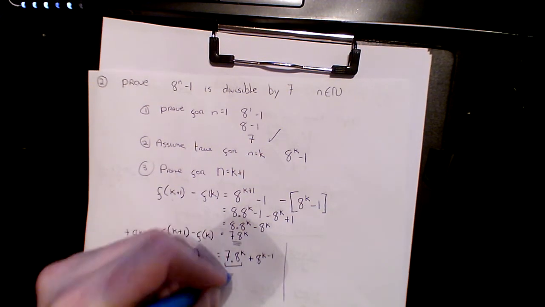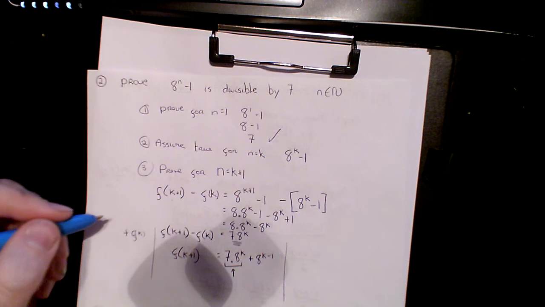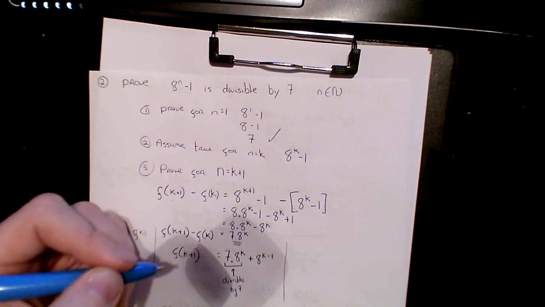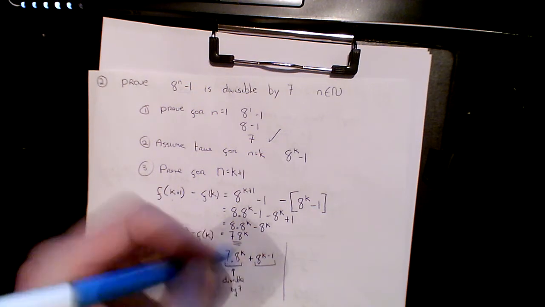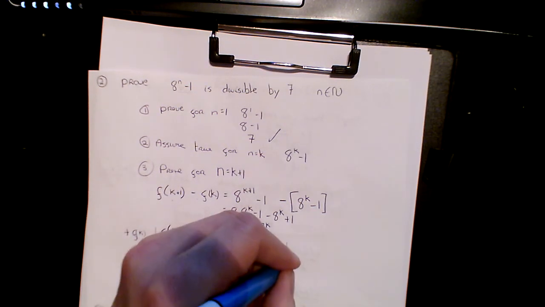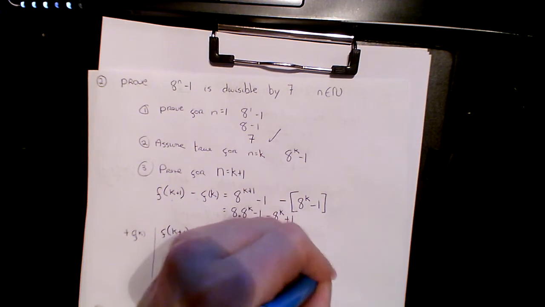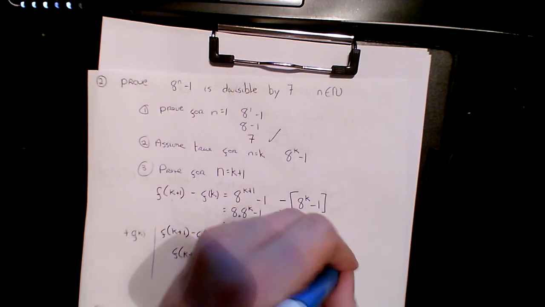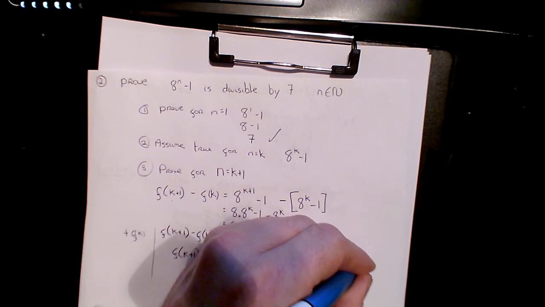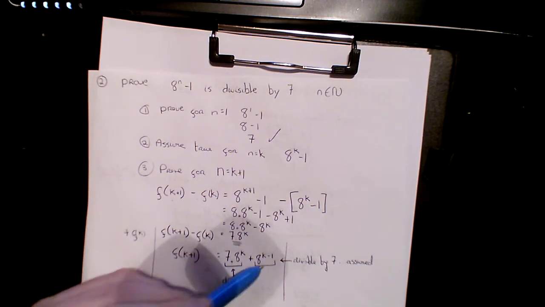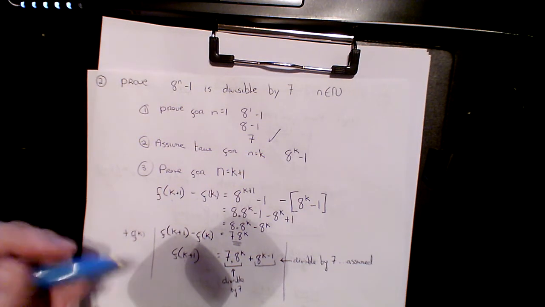Now we're going to ask ourselves, is this divisible by 7? Yes. Is this divisible by 7? Divisible by 7, and why is that? Because it's assumed. So the last number is made up of two parts, and both are divisible by 7.